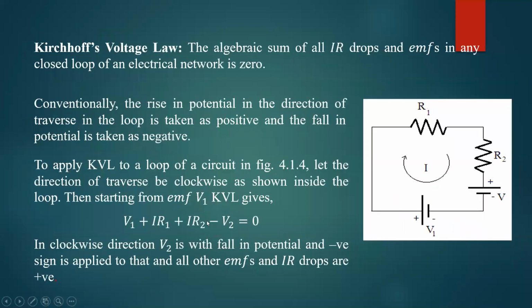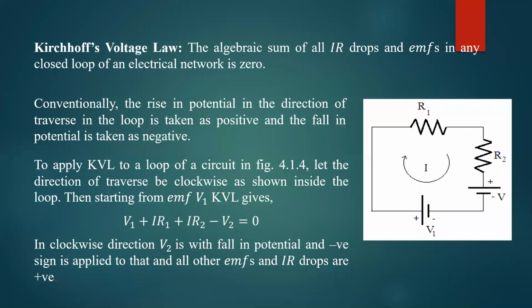Next, Kirchhoff's second law, also called Kirchhoff's voltage law. It states that the algebraic sum of all IR drops and EMFs in any closed loop of an electrical network is 0.